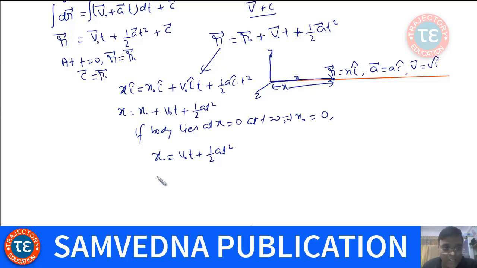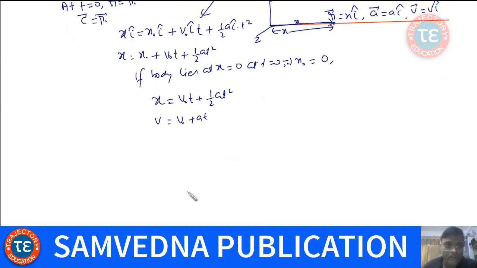Get the point? Similarly, v is v naught plus a t, where v naught is the initial velocity. This is how v varies with time. Okay.